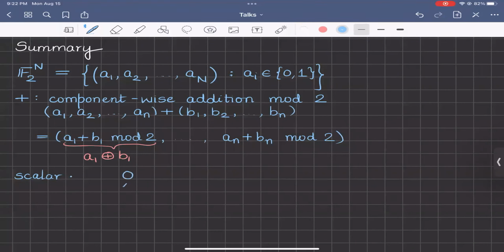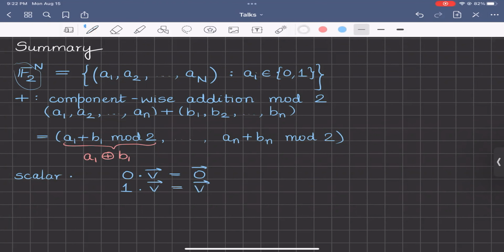Since the only scalars allowed are 0 and 1, we're working in the field F2, which just contains two elements, 0 and 1. 0 times any element V in this is just the zero vector, which is all zeros, and 1 times V is just V itself, right?